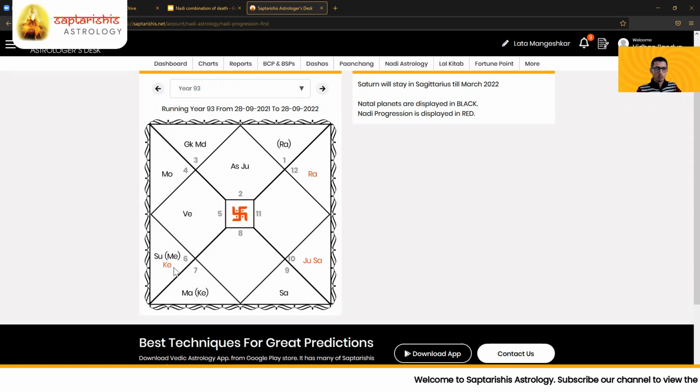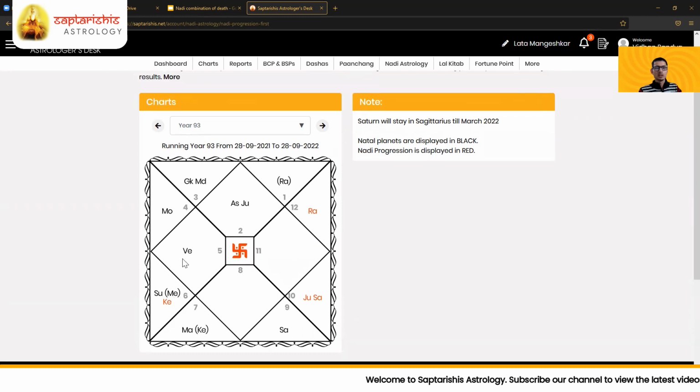The progressed Ketu was transiting through her natal Sun. Now in Nadi Astrology, the trinal aspects are the most important aspects. So this Ketu is having a trinal aspect to the natal Jupiter.